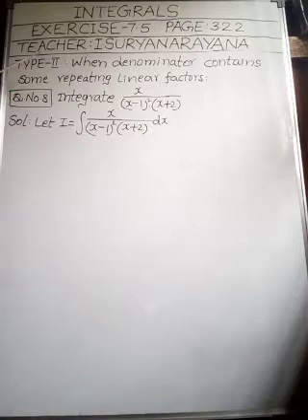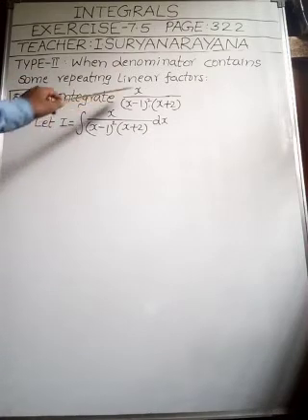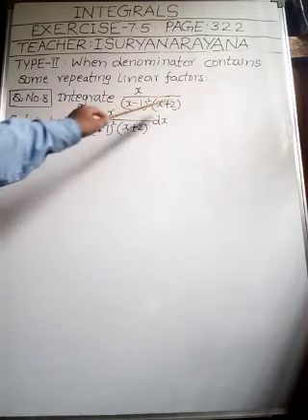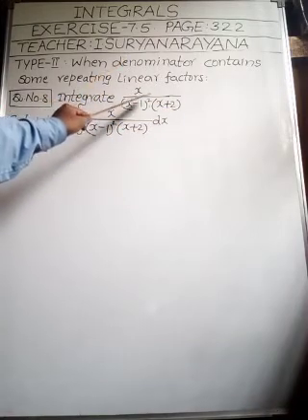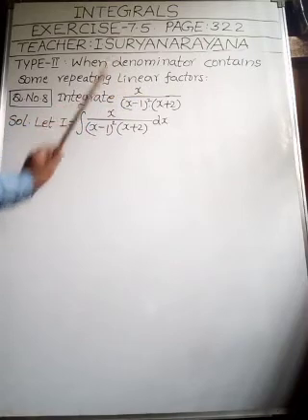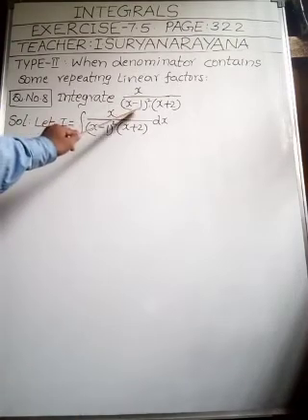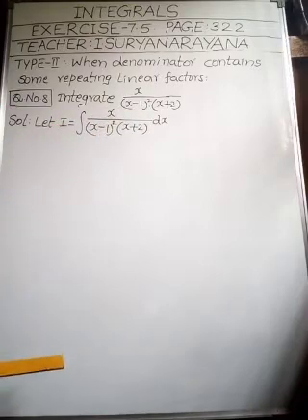Okay, my children. See, integrate x by x minus 1 whole square into x plus 2. If you observe this rational function, it is a proper rational function. First and foremost thing is the rational function should satisfy that first condition. What is that first condition? That rational function should be a proper rational function. Only for proper rational functions can we write partial fractions. Okay, my children, keep this point in your mind.